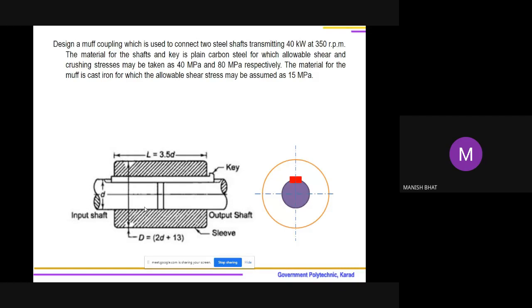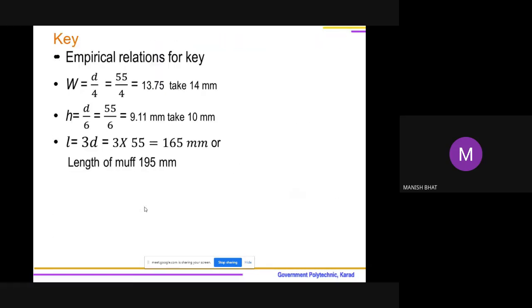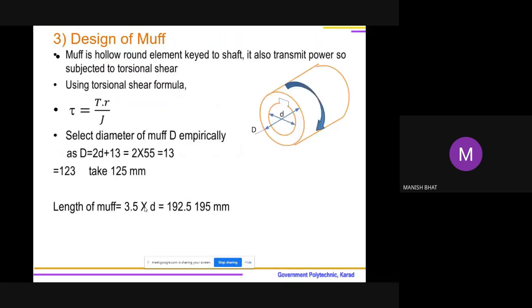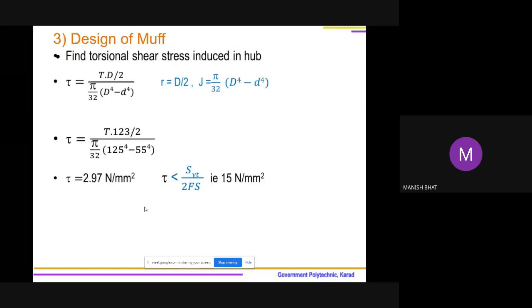So the allowable shear stress for this cast iron is taken as 15, which is its ultimate stress divided by the factor of safety, coming out to be 15 Newton per mm square, MPa. So yes, the induced stress is less than the permissible stress.